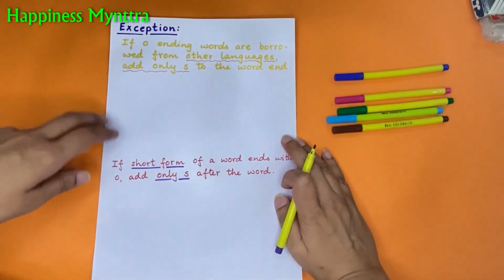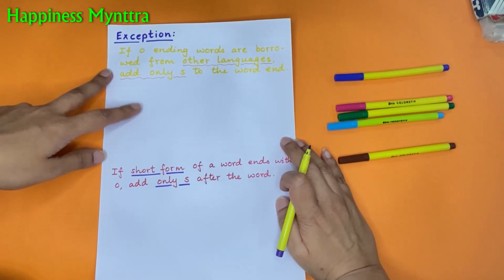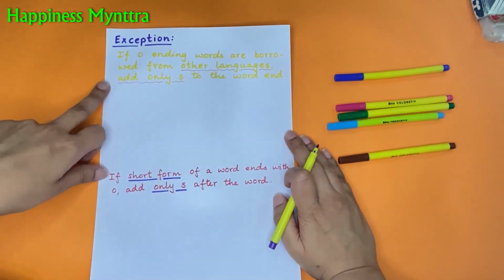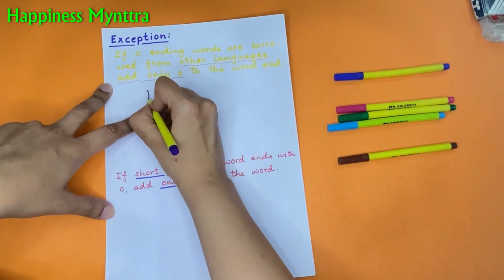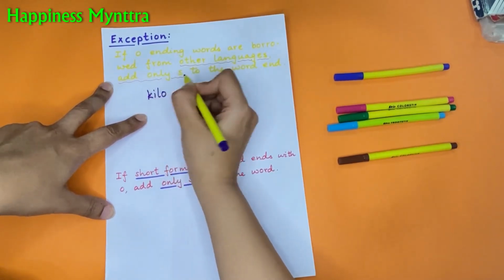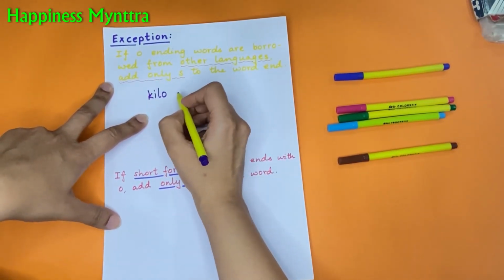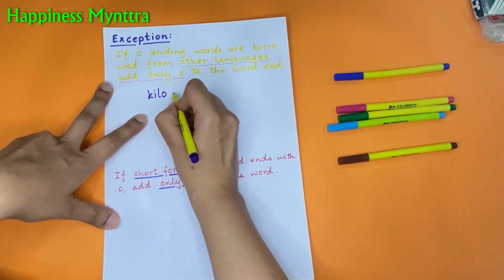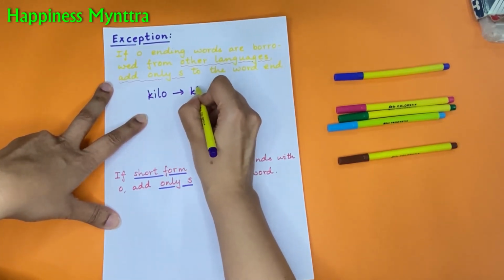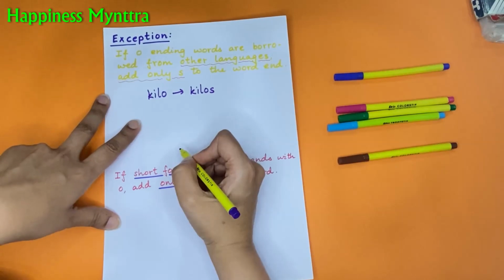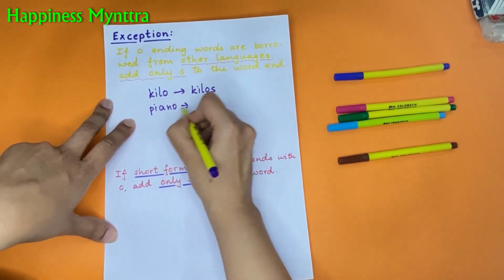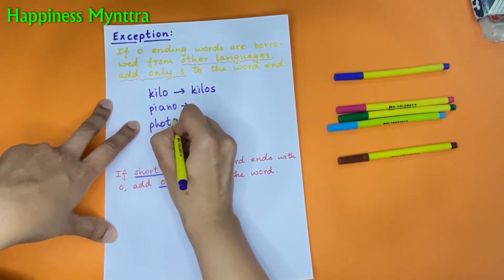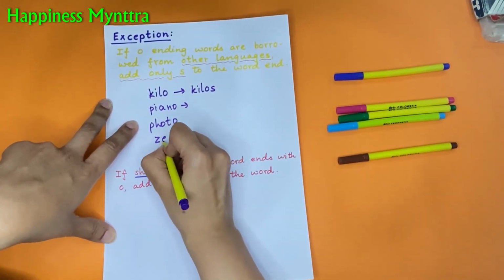Now the exception here is if the O-ending words are borrowed from another language, then we add only s to the end. For example, kilo. Now this is from an Indian origin word. In India we use kilograms and kilometers, so it will be kilos. There's piano, there's photo, there's zero.